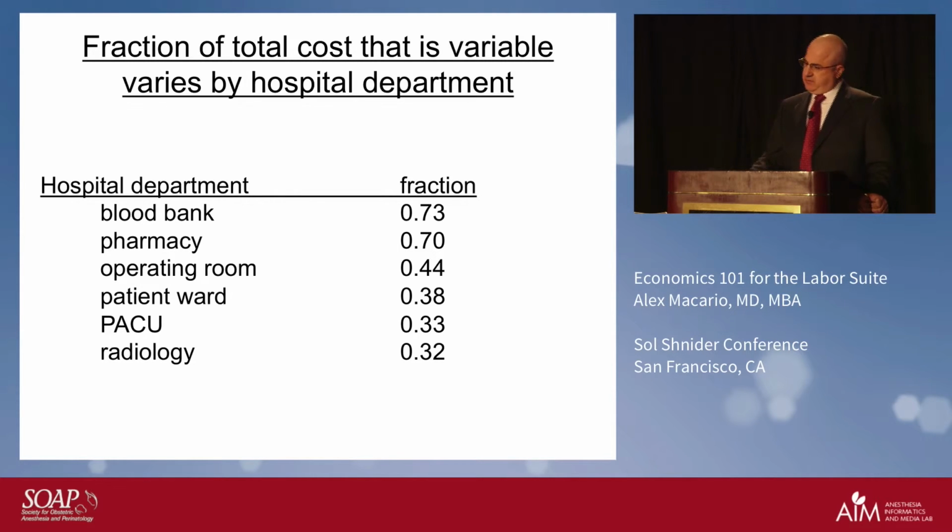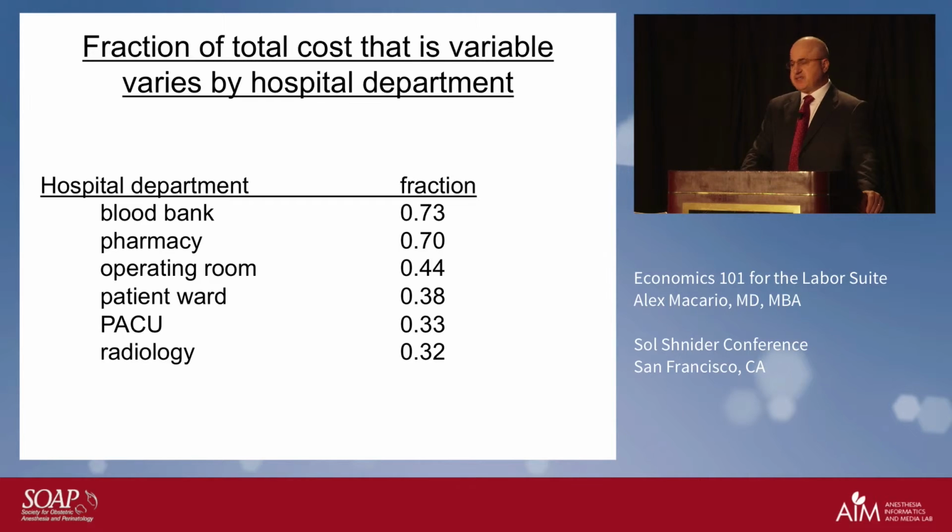And this is an example at a particular hospital where we looked at the relationship between the cost of what was being done there relative to the charge. So for instance, in the blood bank, if $100, 73% of the cost of the hospital of providing blood bank service was deemed to be a variable cost. And that's because every time we give a unit of blood, that's an incremental cost to the patient. And the more blood we give, the greater the cost in the blood bank.